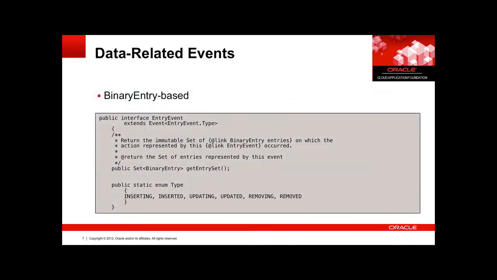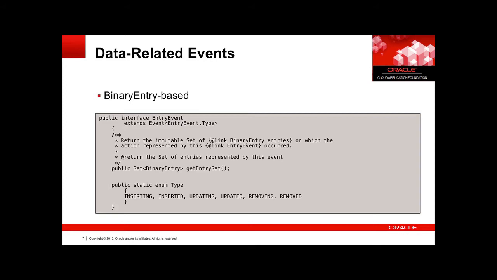So let's drill into a live event and specifically look at the data-related events. Here we can see that we have an entry event interface, and this is one of the data-related events delivered as a part of the live eventing model. The entry event itself extends another event interface, and that's a super interface across all live events delivered as a part of the live eventing model.